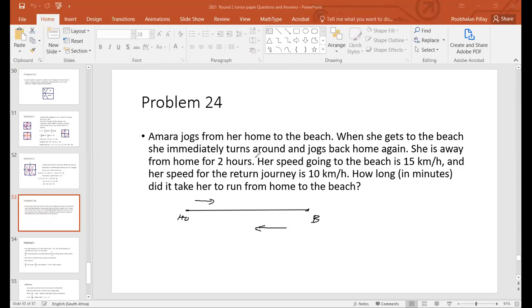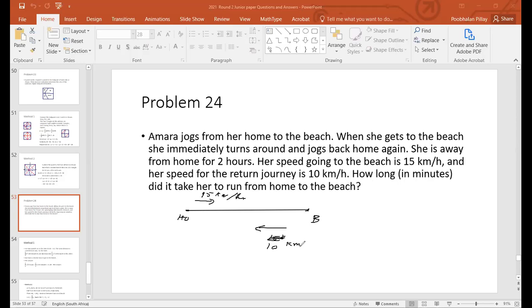She's away from home for 2 hours. Her speed going to the beach is 15 kilometers per hour. But the return journey is 10 kilometers per hour. Well, you can understand.